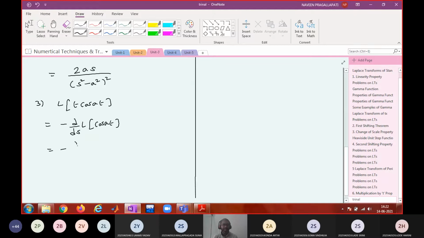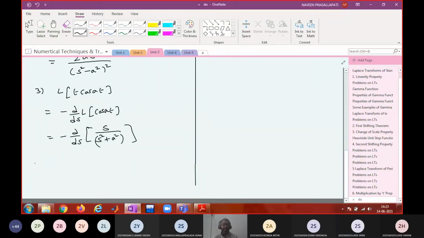What is Laplace of cos at? s by s square plus a square. Okay, so now you differentiate this. What is the derivative? s square plus a square into the derivative of s, which is 1, minus s into the derivative of s square plus a square, which is 2s, by s square plus a square whole square.